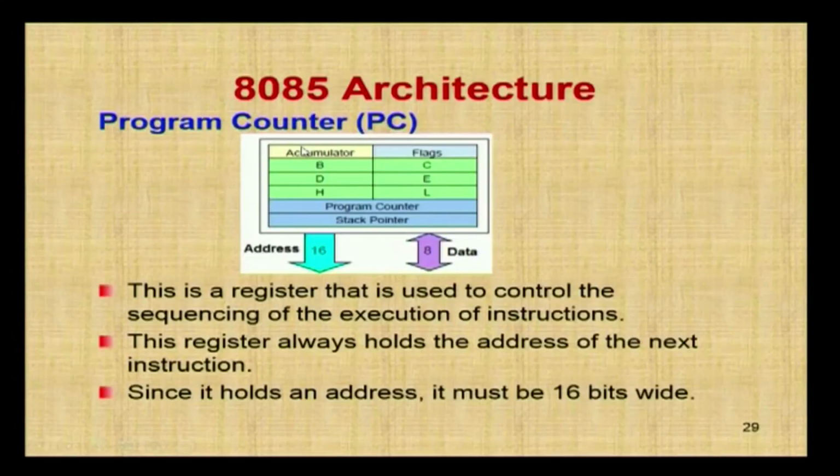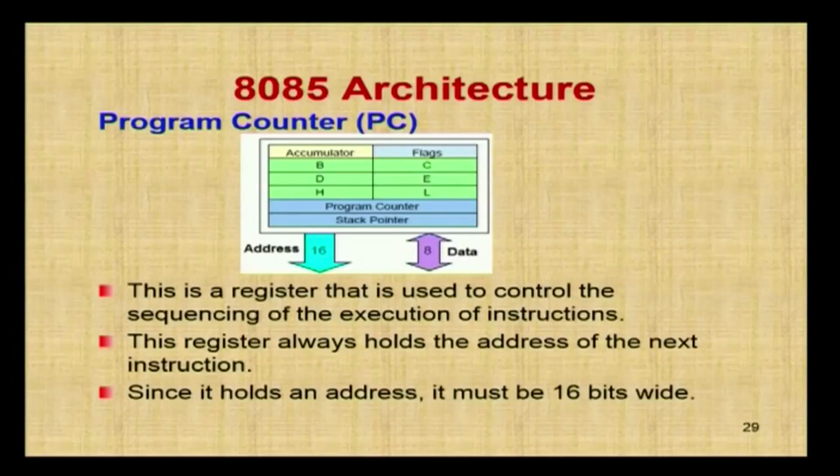Then let us see the program counter. We have seen the accumulator, the flags, and the general purpose registers. Now we have the program counter, which is responsible for sequential execution of the instructions.